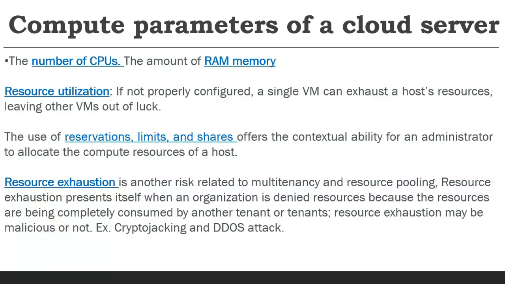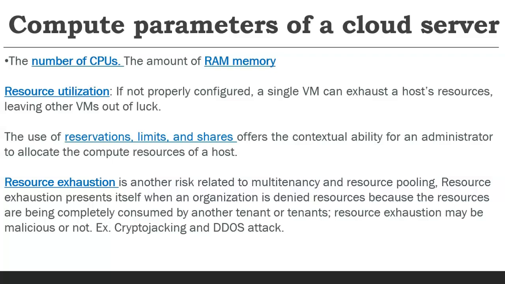Examples are cryptojacking and denial of service attacks. In cryptojacking, an attacker uses malware or some other way to steal CPU utilization, so they can use your CPU power for crypto mining. You are not aware, you are not utilizing the resources, but they are used by these malicious activities, which you have not planned.